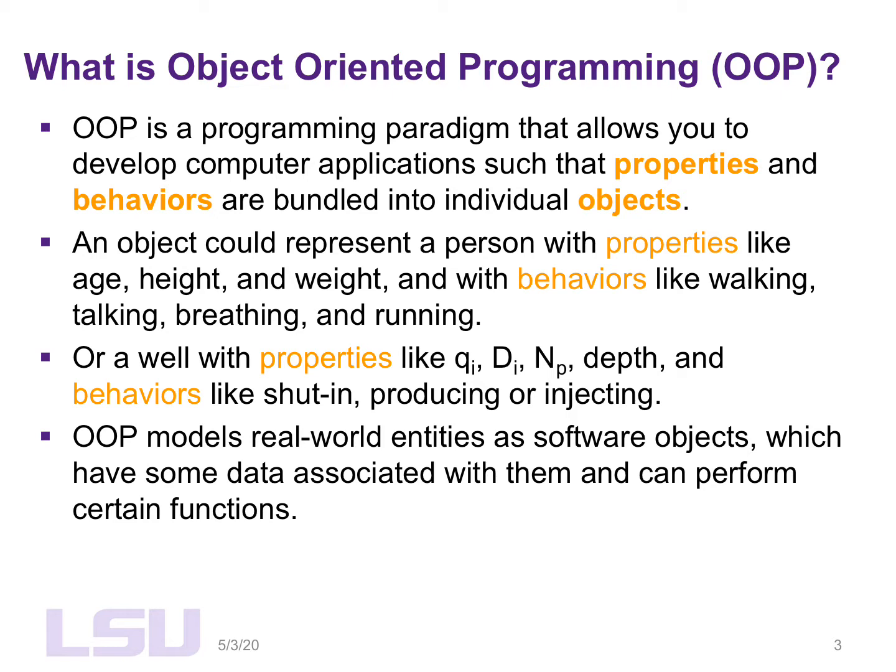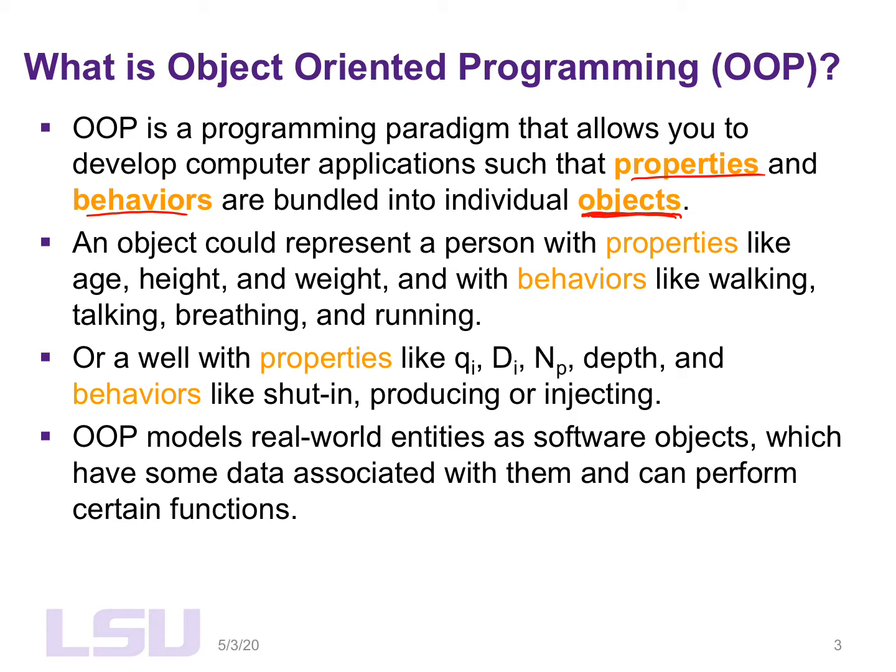Object-oriented programming, like I said, is a programming paradigm which allows you to develop computer applications such that properties and behaviors are bundled into individual objects. Objects are nothing more than physical things like an animal.